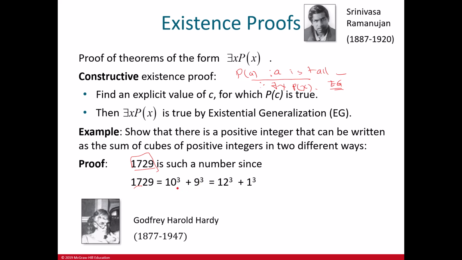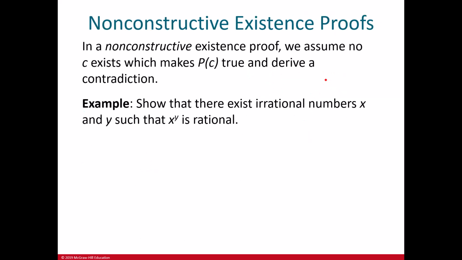Mathematicians, even when they are sick, they still think of numbers. At any rate, we can write that as: there is a number which is the sum of two cubes, and we can generalize it as we have done in this example.